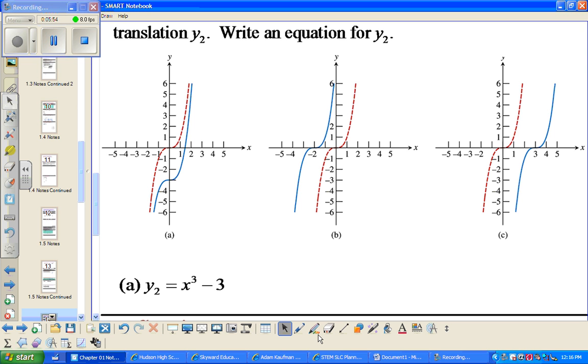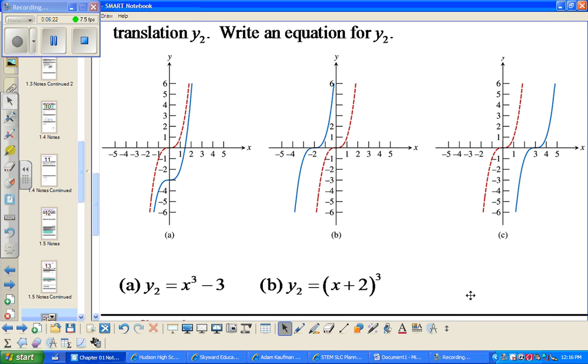In example B, you can see the graph is shifted 2 units to the left. Write the equation for this new graph. If you wrote y equals x plus 2 in parentheses cubed, you're correct.